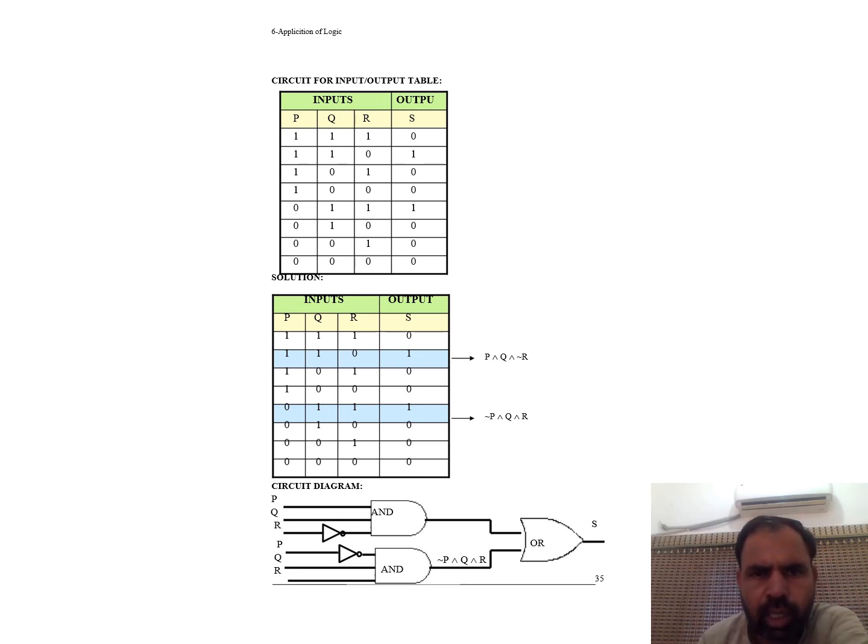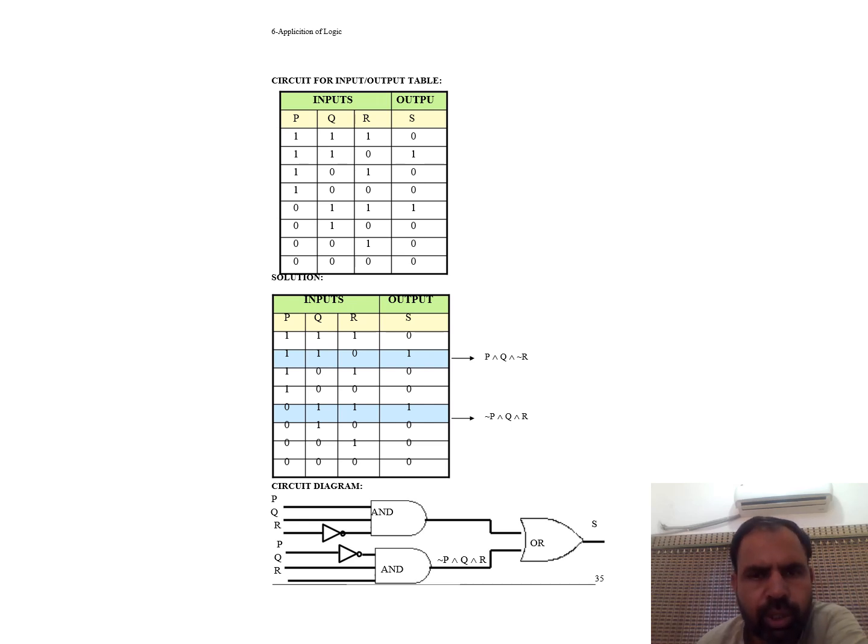P, Q, R, and this is S. Now here we note that if P, Q are 1 and R is 0, it means P and Q and negation R. And in this row, if P is 0, Q is 1, R is 1, then output S is equal to 0.